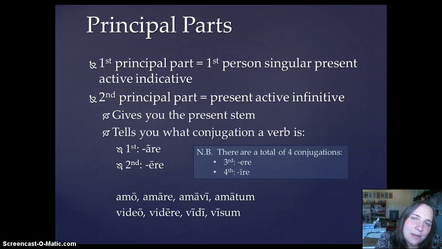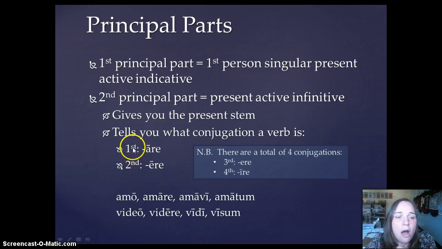And the second principal part tells you what conjugation a verb is. So if you need to know what pattern this verb follows, you're going to find that out by looking at its second principal part. All first conjugation verbs end in -āre in the second principal part, and all second conjugation verbs end in -ēre, and it's really important that you notice that macron over the first e in the second principal part for second conjugation verbs.